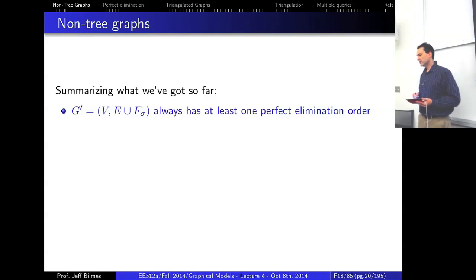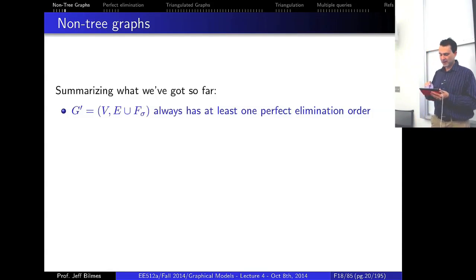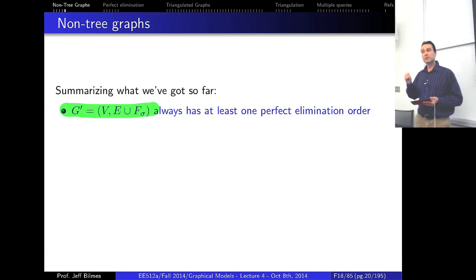Okay, so let's do a little bit of a recap, because I'm giving you a lot of information here. The reconstituted graph G prime, which consists of the vertex set, the original edges, and the fill-in edges F sigma, always has at least one perfect elimination order.